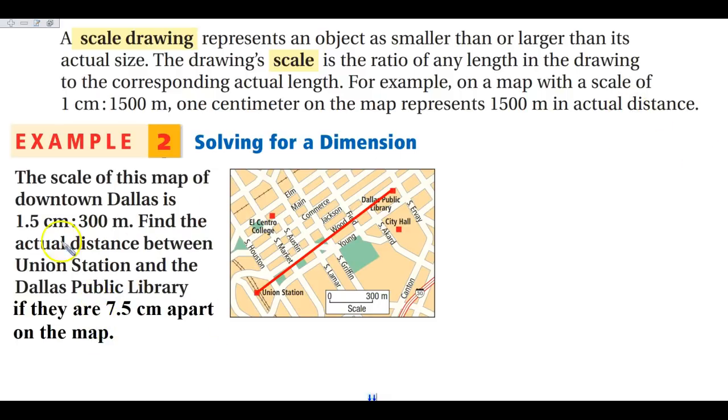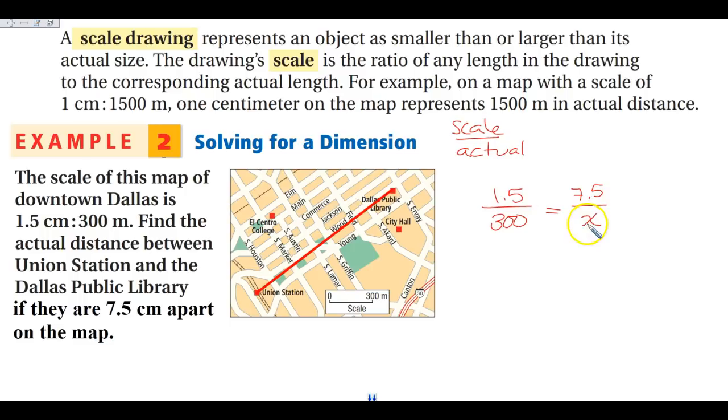To set this up, I'm going to set up the scale over the actual. So my scale on the map is 1.5 centimeters. The actual length is 300 meters. On my map, they're 7.5 centimeters apart, and then I'm looking for the actual distance that they are apart.